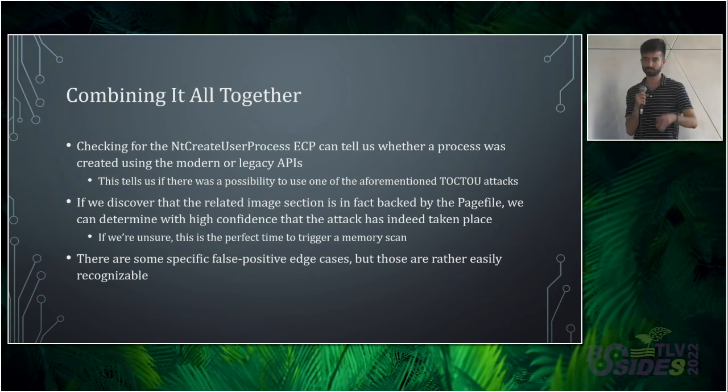And if you're somehow able to forge this, because this is not a user mode functionality at all, it probably means you have some kind of kernel read-write primitive, with which you can do other, better stuff. So we can safely assume that if you don't see this ECP in the file creation operation, then we are talking about the legacy process creation API.